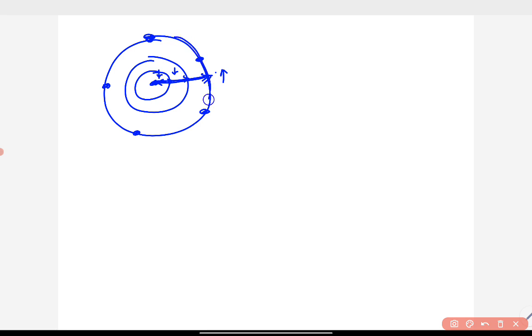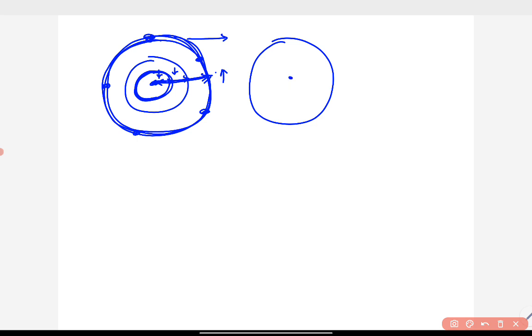In this orbit the energy will be maximum. These high energy electrons are less bound to the nucleus, and hence they are mobile. So they can move to another atom, as I have already told you. This atom will borrow electrons from that atom.